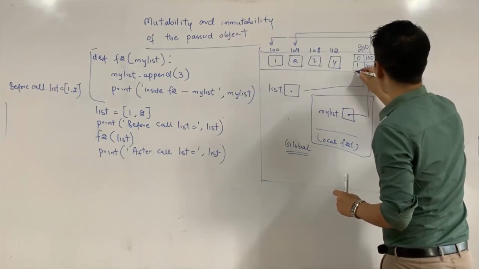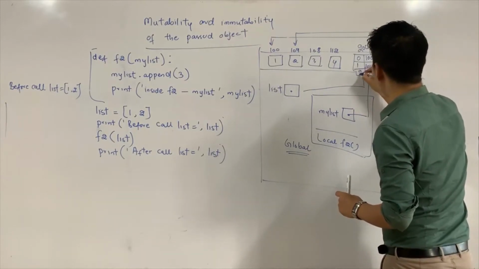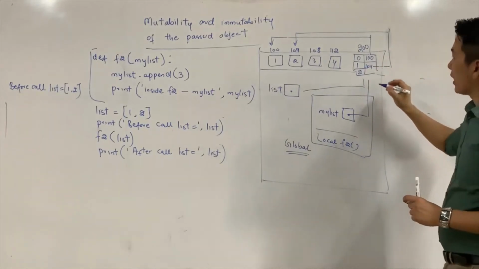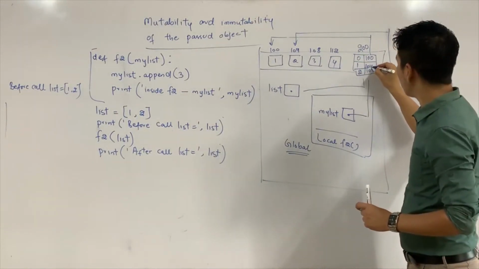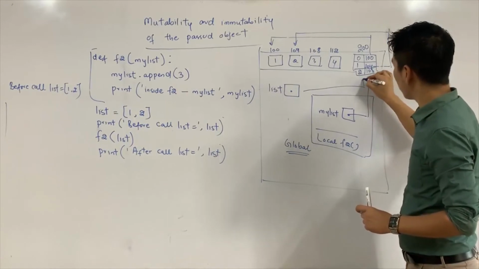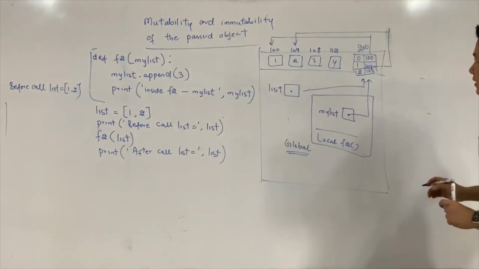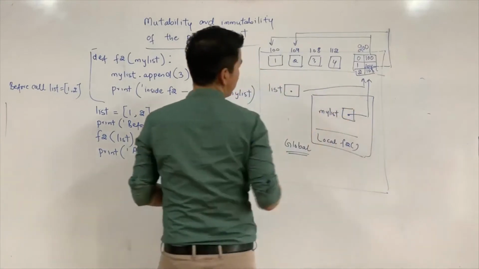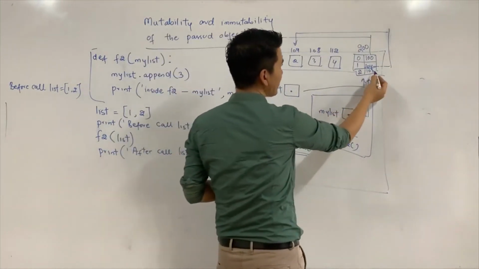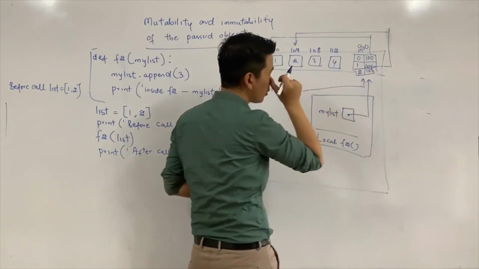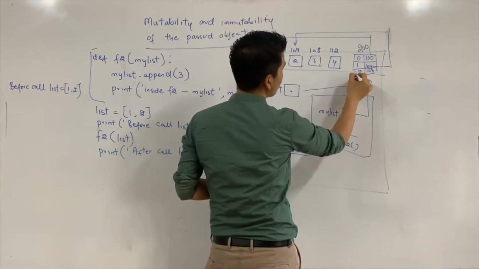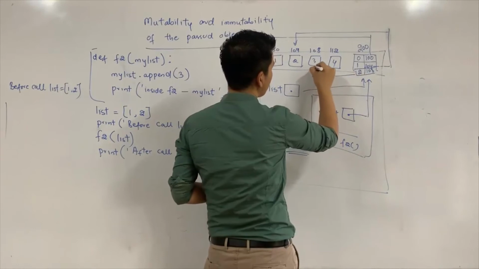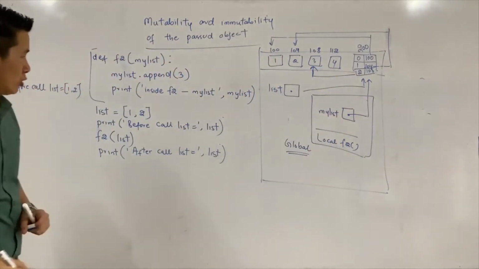What happens here is it will now add the index of 2 and the memory address of 3, which is 108, like this. Understood? You have added the individual element whose address is 108, which means this will now point to this particular memory location.